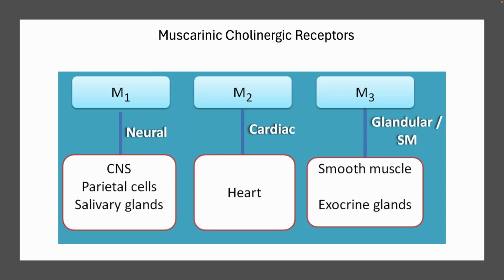They can be stimulated by the fungal alkaloid muscarine, and that's why they receive this name of muscarinic. There are 5 subtypes: M1 receptors that are commonly found in secretory glands, for example, salivary glands, and in the central nervous system; M2, which are found in the heart; M3, that are found in smooth muscle of the bronchioles and arterioles; and then we have also M4 and M5, which are found in the central nervous system.